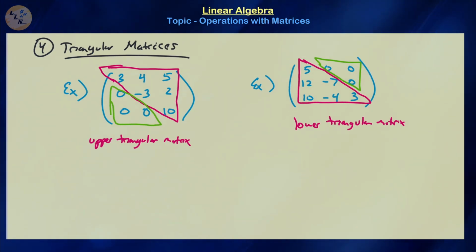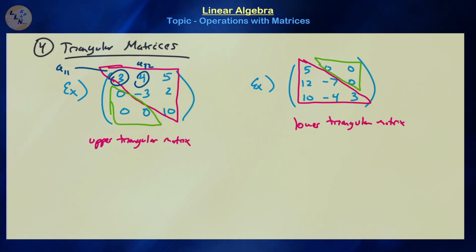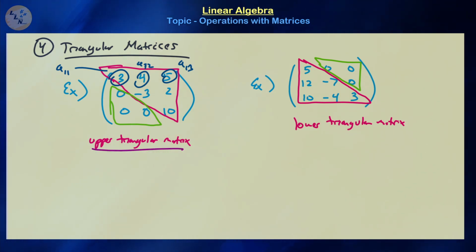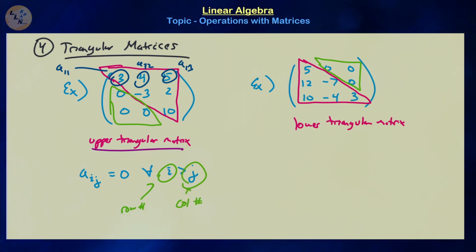So if we represent each of these elements, for example, as Aij, that is element A11, that's A12, that's A13, and so on, an upper triangular matrix formally defined is one that satisfies Aij is equal to 0 for all i greater than j. And keep in mind, i is the row number, j is the column number.